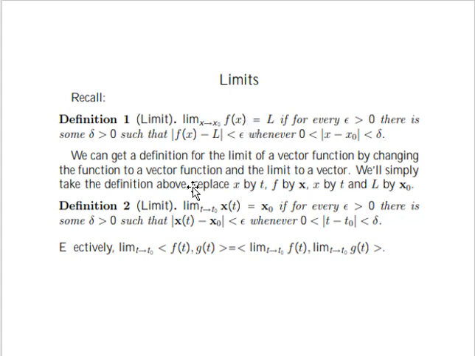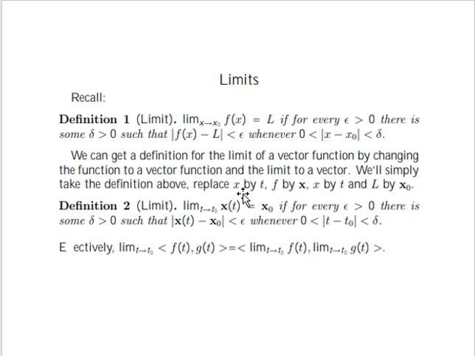That is, if I say the limit as x tends to x0 of f(x) equals L, this f(x) is a function of a real variable x, and the limiting value of this function is L as x tends to x0. It means that when the point x reaches the point x0, the functional value f(x) reaches a particular point L.